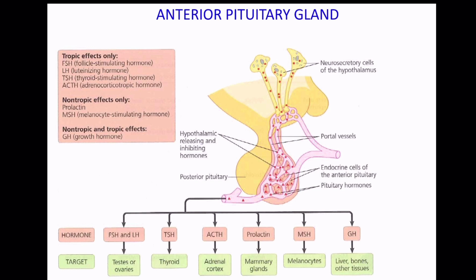Thyroid stimulating hormone that will target thyroid. Adrenocorticotropic hormone that will target adrenal cortex. Prolactin hormone that will target mammary glands. Melanocyte stimulating hormone that will target melanocyte cells. And growth hormone that will target liver, bones, and other tissues.